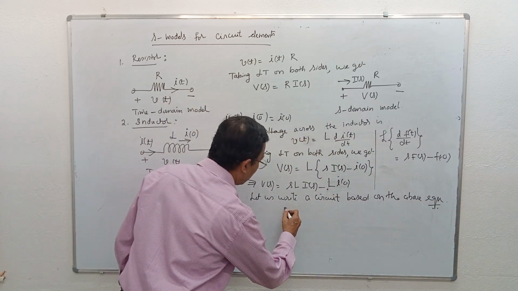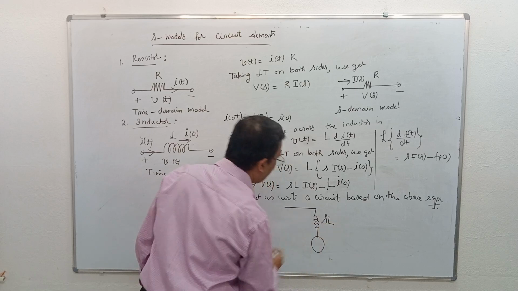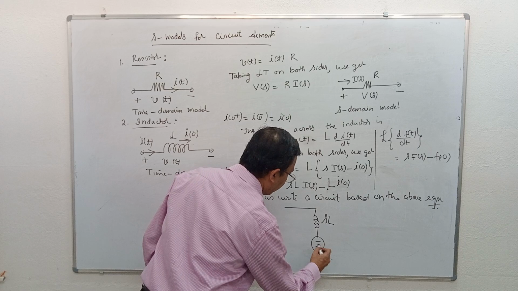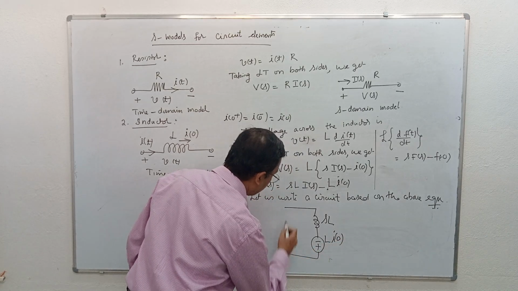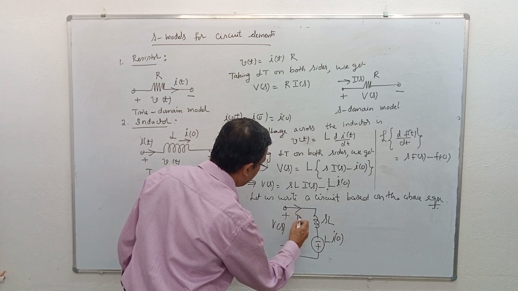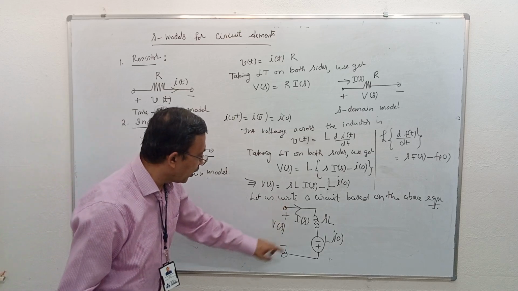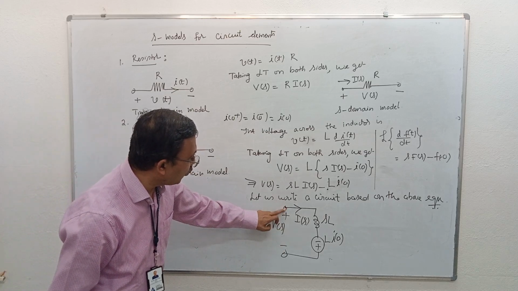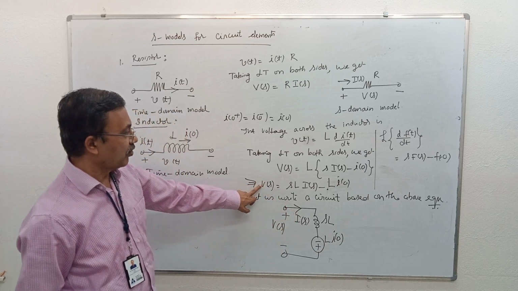So L becomes sL, please see the board, and we have a voltage source given by L into i(0). This is plus minus V(s). This current is I(s). If you apply KVL to this circuit, you get this equation.